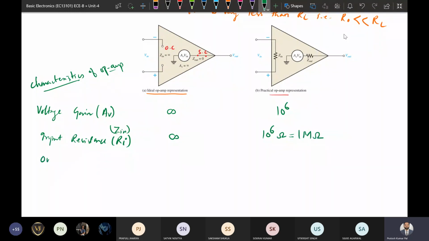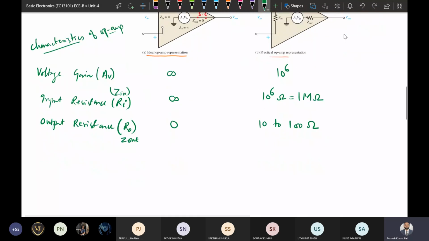Next is the output resistance, represented by R naught, or Z out. In the ideal case, the output resistance would be 0, but for the practical operational amplifier, the output resistance is considered to be between 10 to 100 ohms.